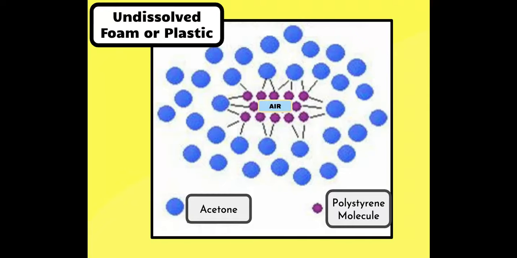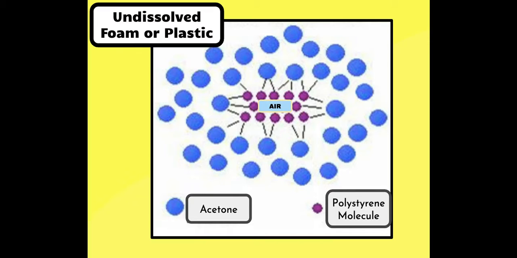So when it's undissolved, the foam or the plastic has that air trapped in the middle, surrounded by the purple circles there, which represent the polystyrene molecules, and the acetone is represented by the blue circles there around it.